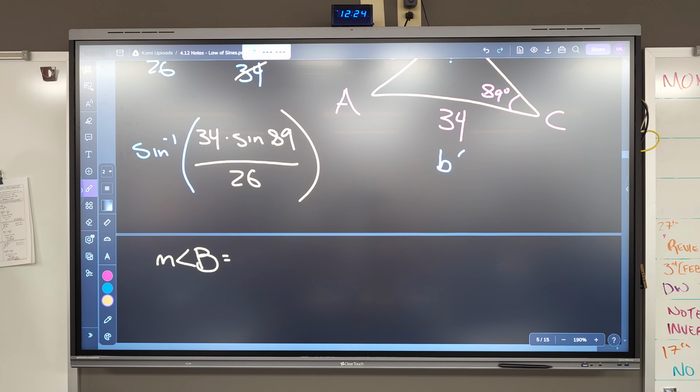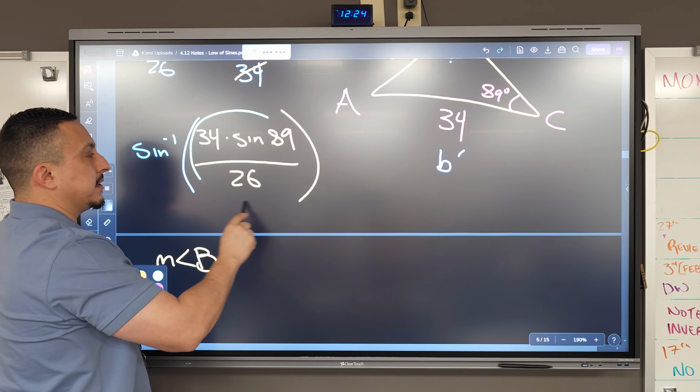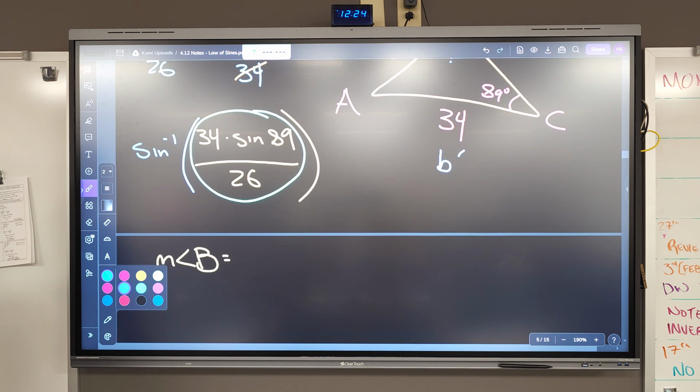What's the answer, guys? Error, getting error. Everybody get an error? Yeah. Okay, I want you to do something real quick. Plug these numbers by themselves, like without the sine. See what that equals.